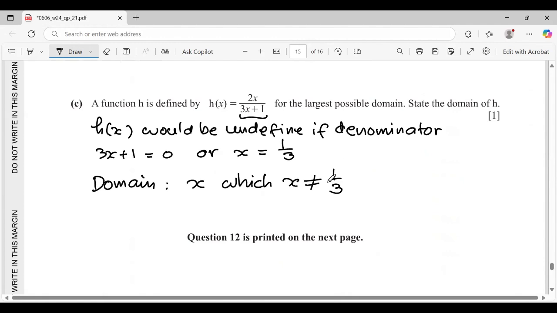Because if x equal minus 1/3, there is no result for this function, it will be undefined. Okay, so x should be not equal minus 1/3, sorry.